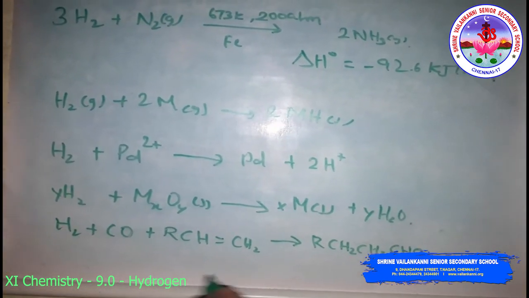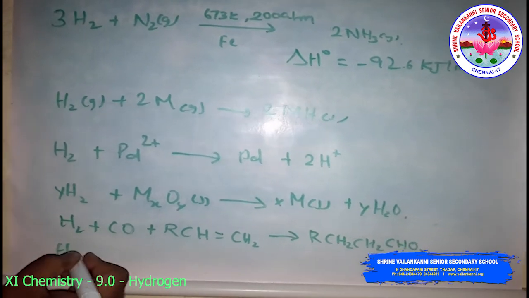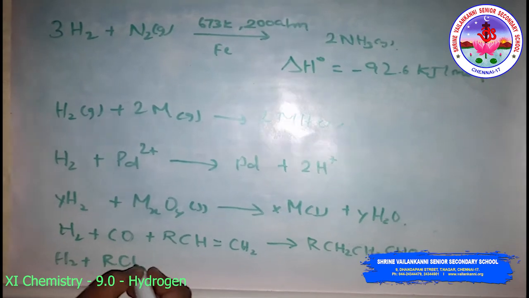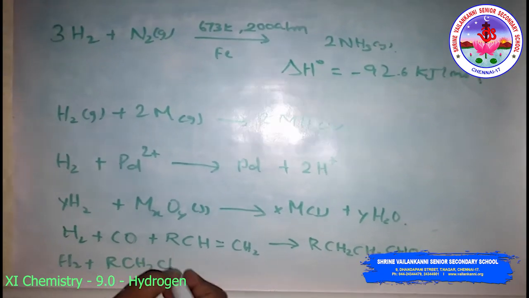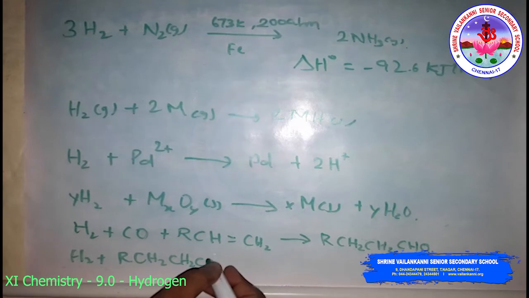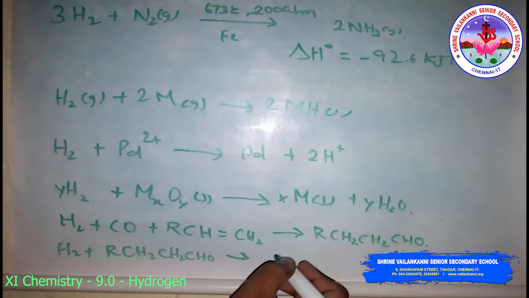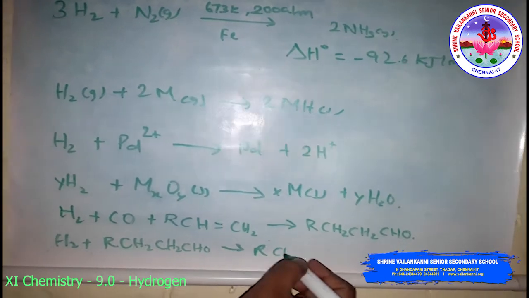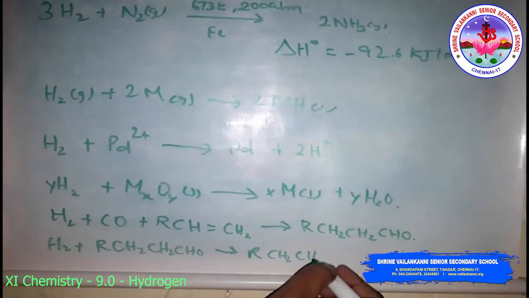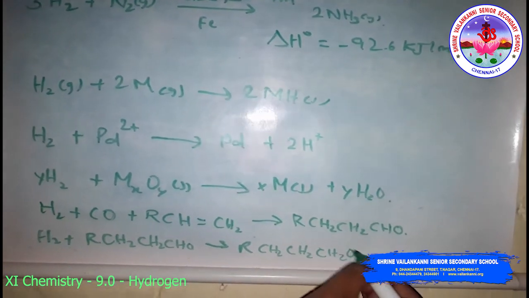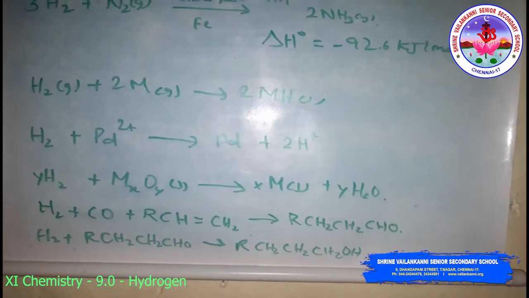Then hydrogen reacts with the aldehyde RCH2CH2CHO to give the alcohol, RCH2CH2CH2OH. So it produces the alcohol.